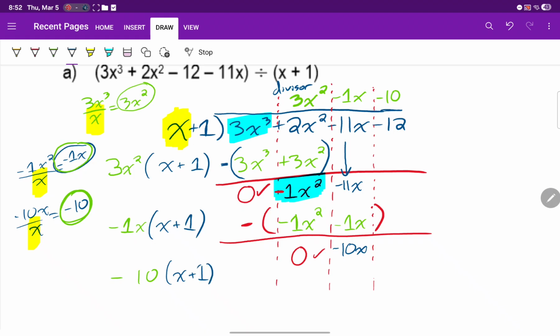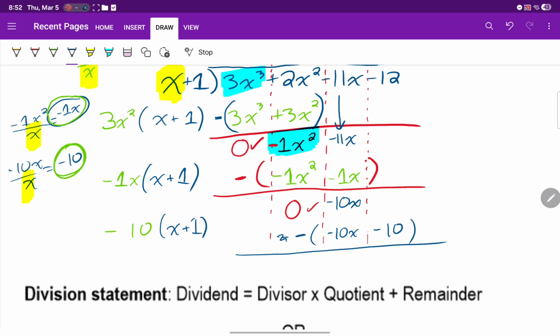The values that I get, I put in my columns. Negative 10 times x is negative 10x, and negative 10 times 1 is negative 10. We're going to do our subtraction again. Negative 10x minus negative 10x is 0. Good. And I'm going to bring this negative 12 all the way down. Negative 12 minus negative 10 is negative 2.